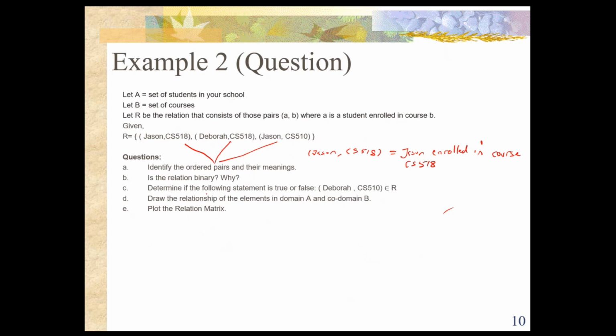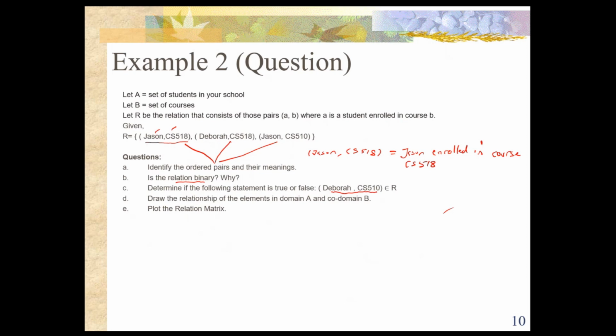Is the relation binary? The answer is yes, because as you can see, in the ordered pair, how many elements are involved in the relation? Only 2 elements, right? So it's binary. Determine if the following statement is true or false: Deborah is also enrolled in CS510.